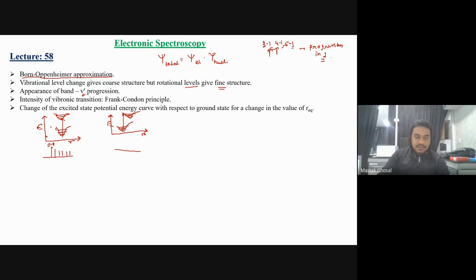For that, you need to consider the Franck-Condon principle. What does the Franck-Condon principle tell you? It tells you that the electronic transition happens so fast that, since the nucleus has a very heavy mass, you can consider that the nucleus remains fixed.